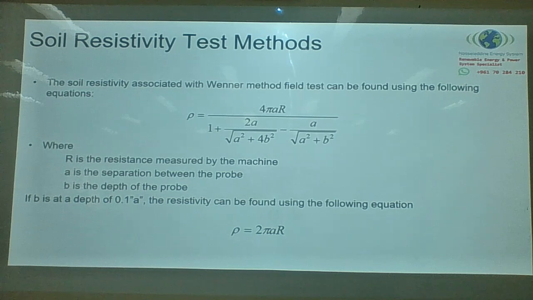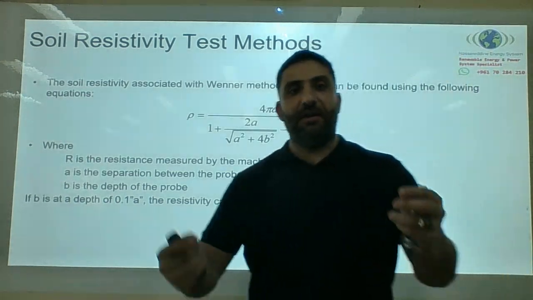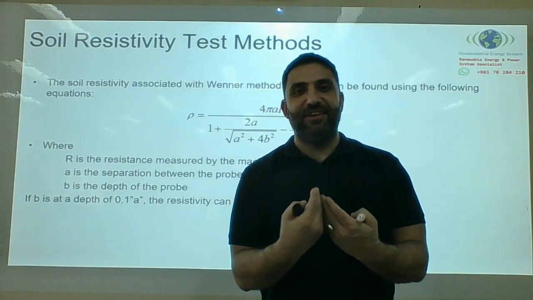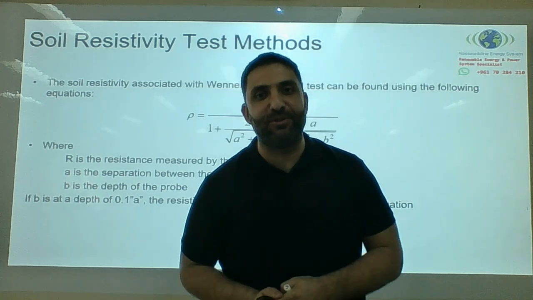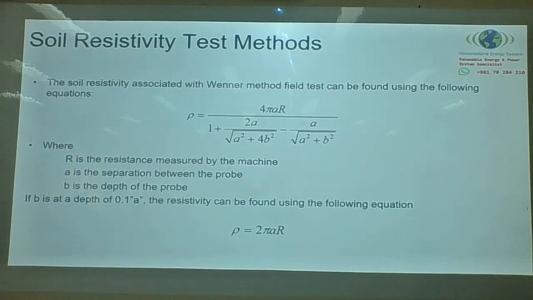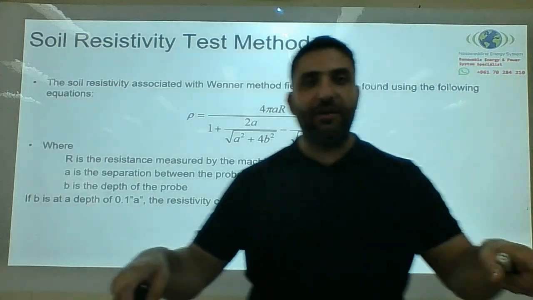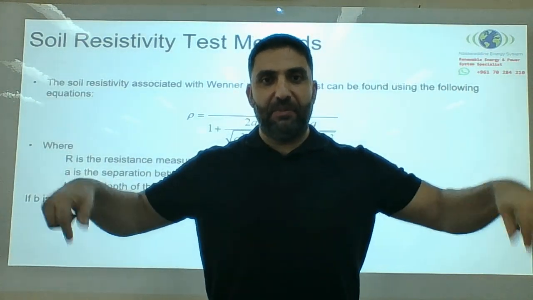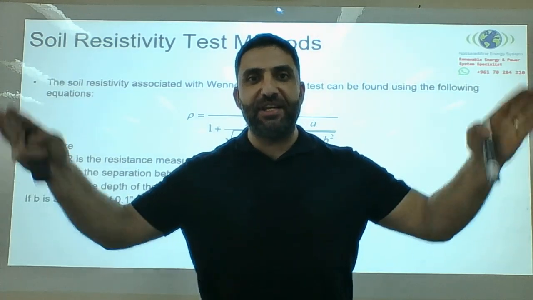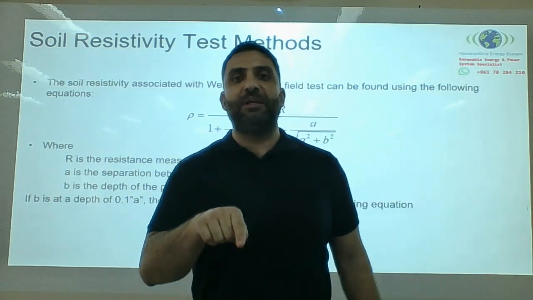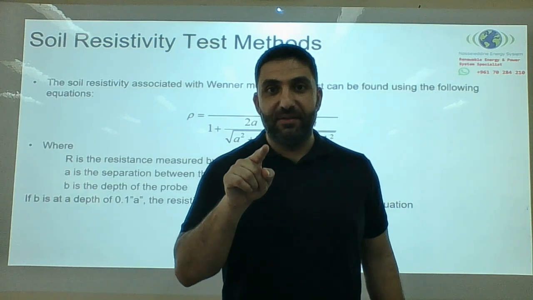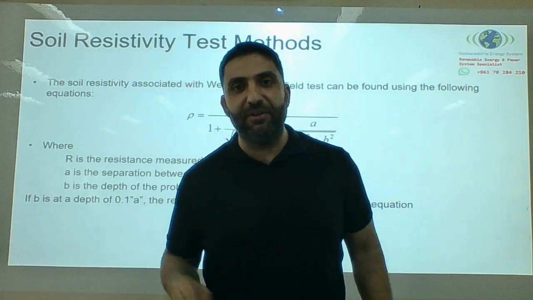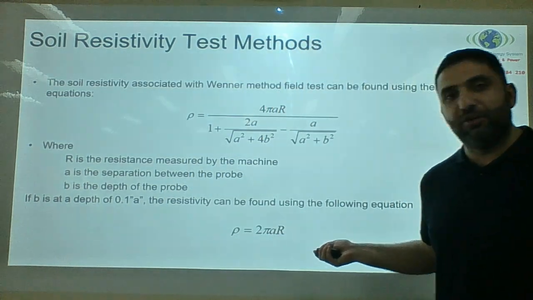2 pi A R. Remember, I'm measuring the voltage and measuring the current. The resistance is V divided by I, using Ohm's law. The machine has an internal algorithm. I separate the probes using A separation, exactly the same, and the machine automatically measures the voltage, measures the current, and gives you the value of the resistance.